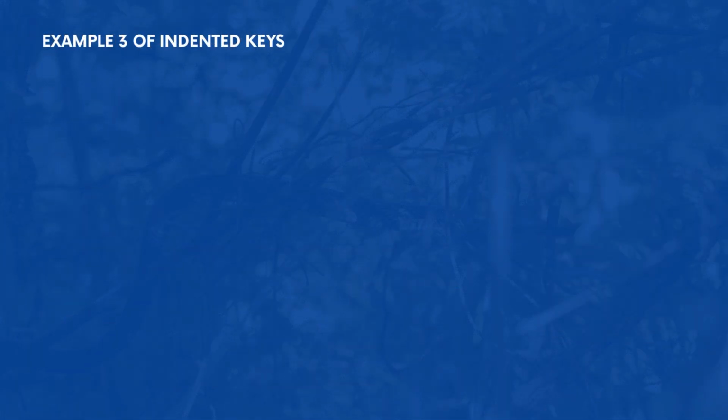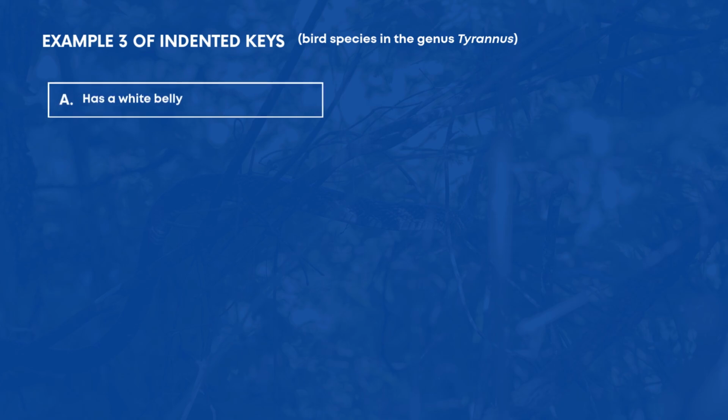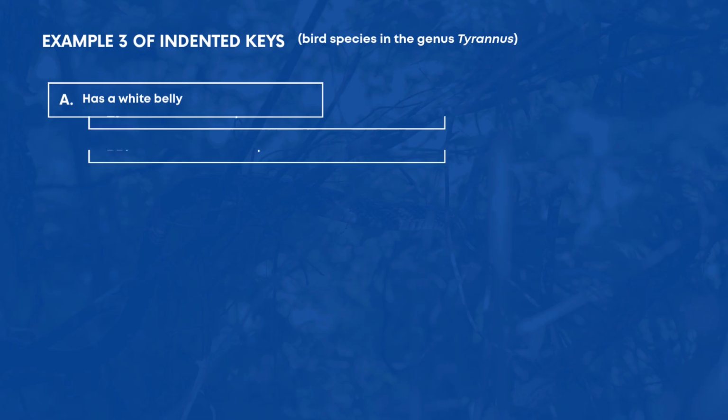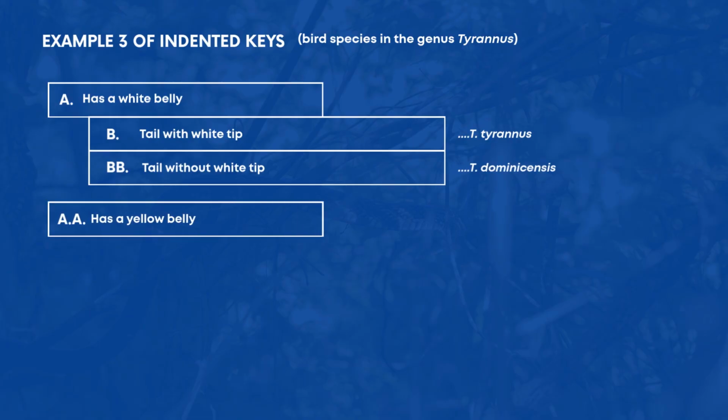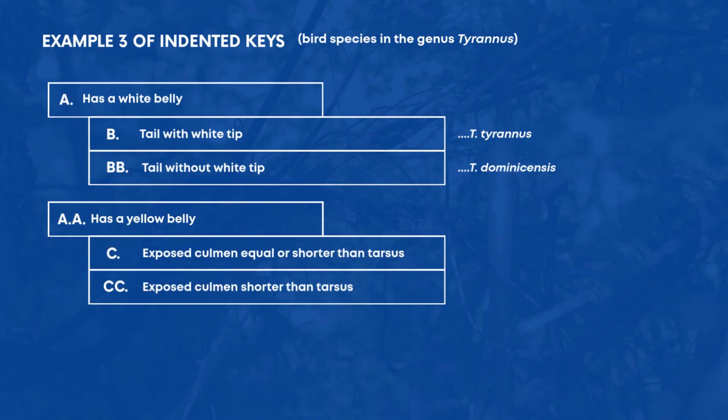Example 3 shows an indented key for bird species in the genus Tyrannus. We begin at the top. If the bird has a white belly, the key indents us to the next choice. If the tail has a white tip, it is T. tyrannus. If the tail has no white tip, it is T. dominicensis. If instead the bird has a yellow belly, we follow the other path. We then compare the beak and leg.